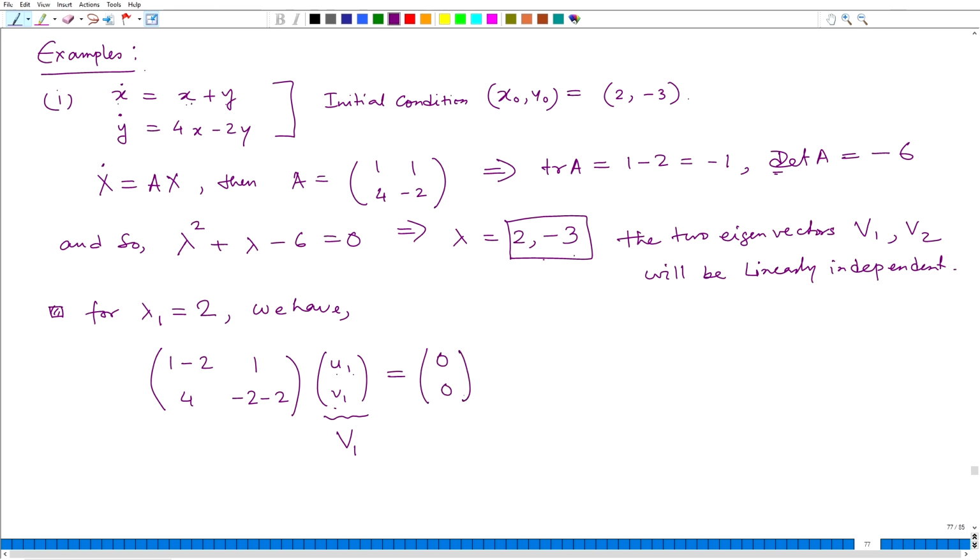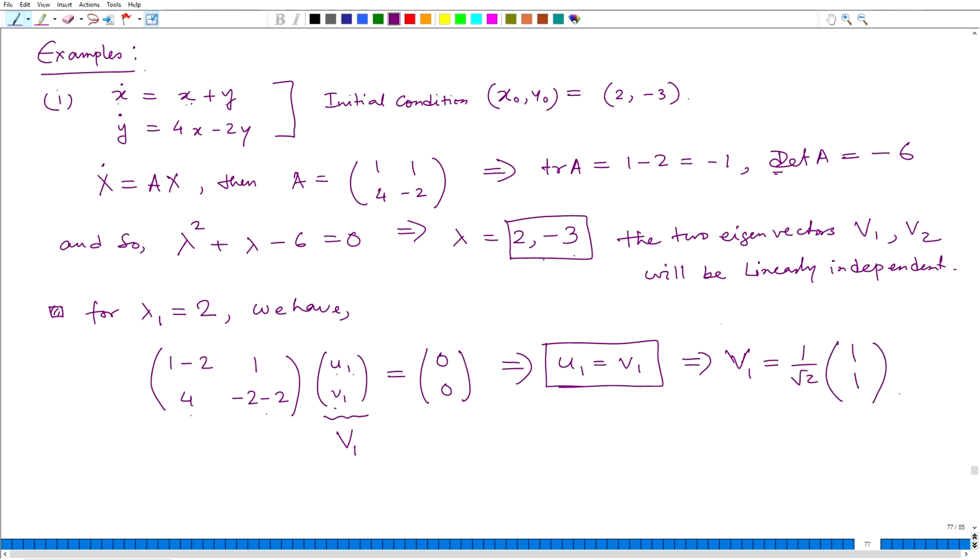Here you will see that this gives minus u plus v, so u1 is equal to v1, and the same from the second equation. So, this is the only one equation. I can now construct the normalized eigenvector, which can be given by V1 equal to 1 over root 2 times [1 1].